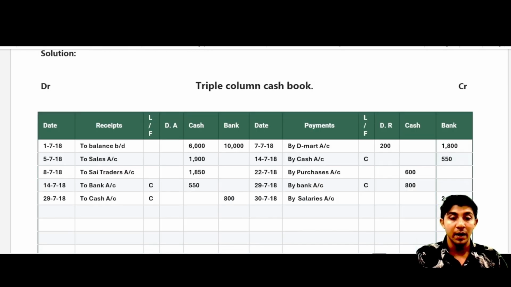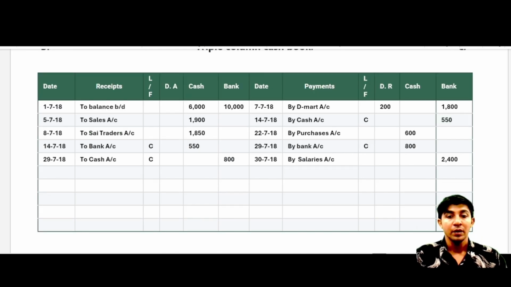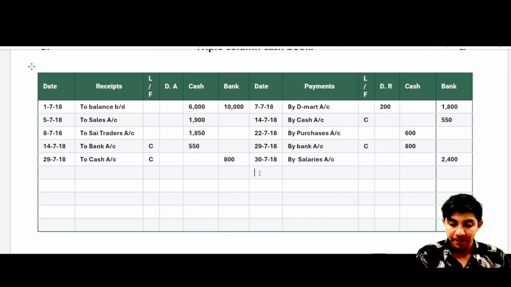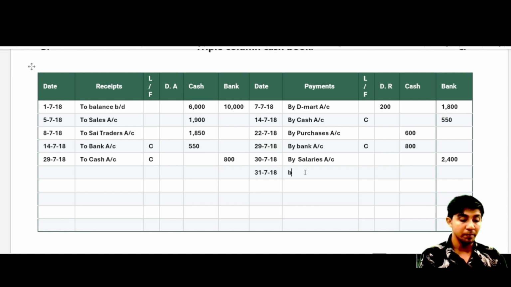The last transaction is bank charges. That is our payment. So we need to move our hand towards the payment side, credit side. So the date of bank charges as per passbook is 31st July 2018. So what we have to do in the payment side, we need to write by bank charges account.